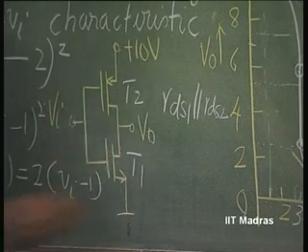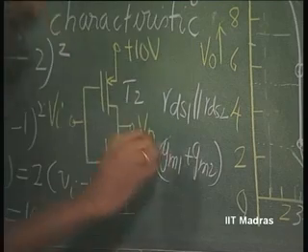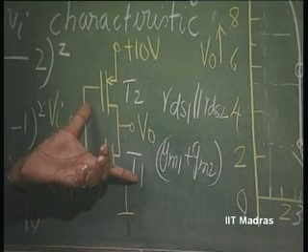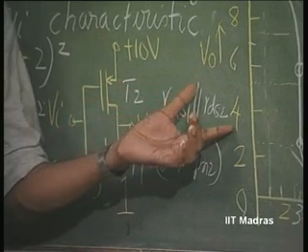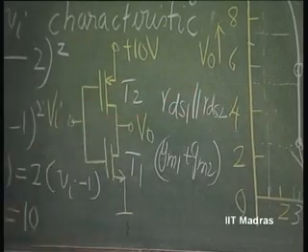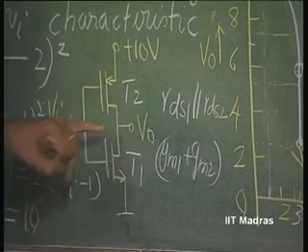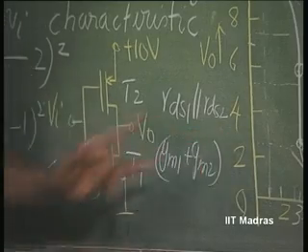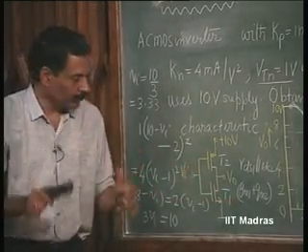So, in essence, (Gm1 plus Gm2) into (RDS1 parallel RDS2) is the amplifier gain when RDS1 and RDS2 are not infinite. Is this clear? These two amplifiers are working in parallel onto a common load, which is RDS1 parallel RDS2. Since they are working in parallel, the effective Gm will be Gm1 plus Gm2 into Vi.